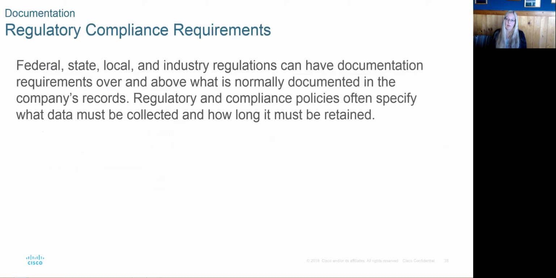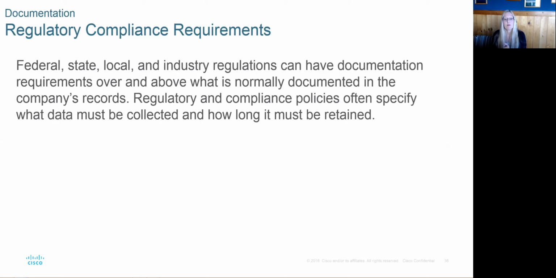And regulatory compliance requirements. So there's lots of government regulations. There's Sarbanes-Oxley, and there's HIPAA, and there's all kinds of documentation that are government regulations to protect consumers and industries and data.